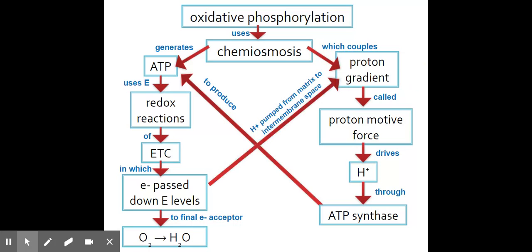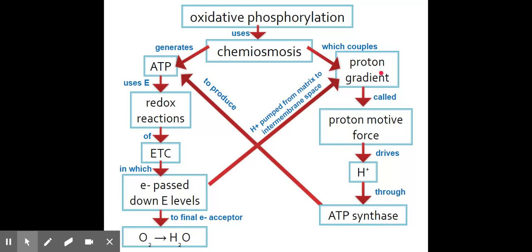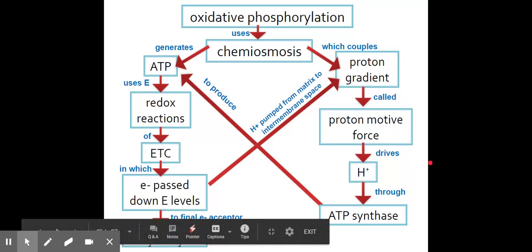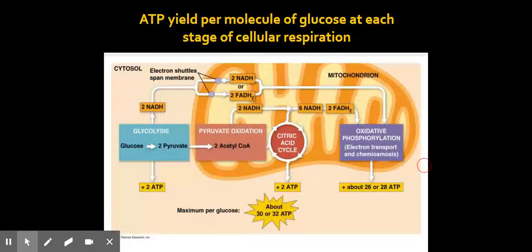Those final pieces of the electrons that follow through that ETC cause and assist in the processing of our hydrogen ions to go through our proton motive force in ATP synthase. So these two are friends, and they help each other out for oxidative phosphorylation. And again, it's called oxidative phosphorylation because it needs oxygen. No oxygen, this doesn't happen.